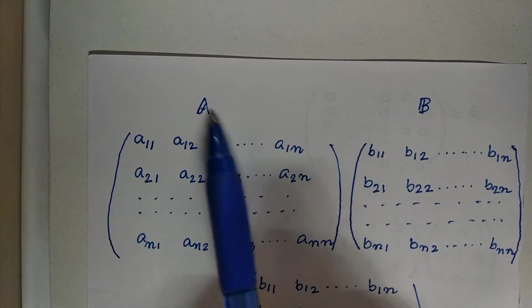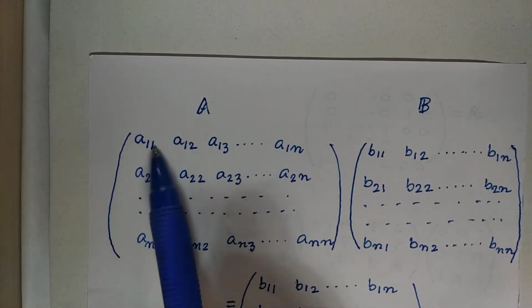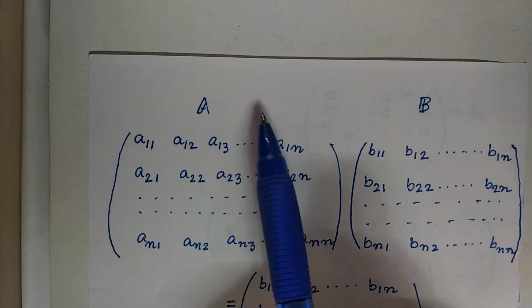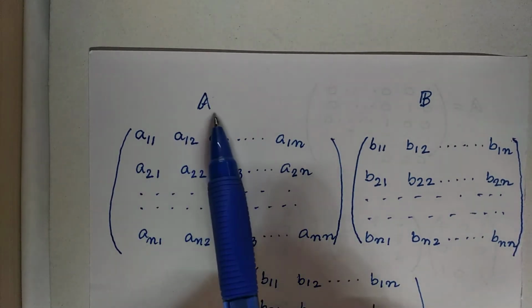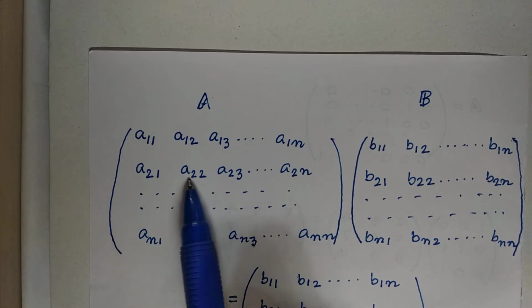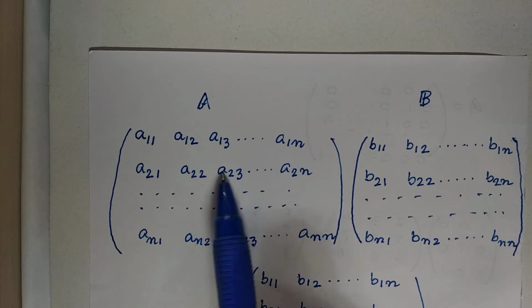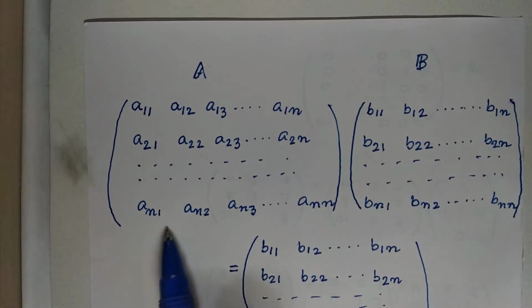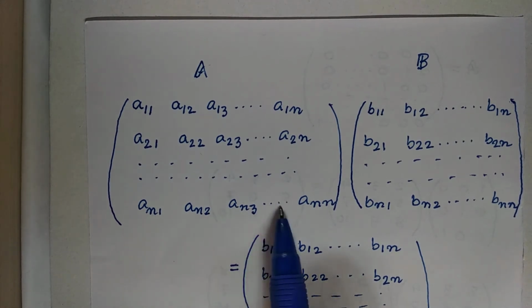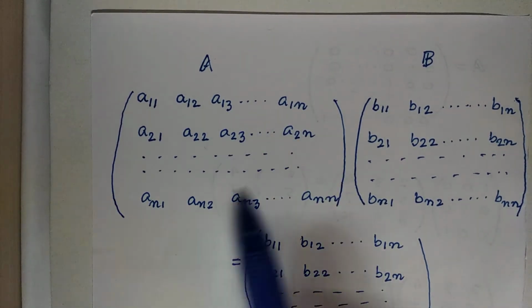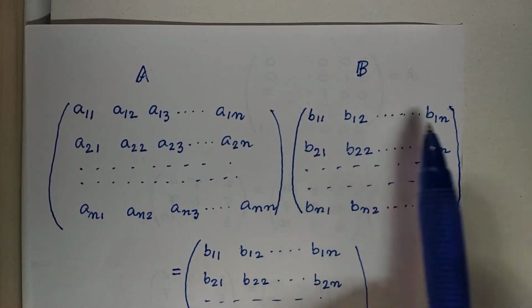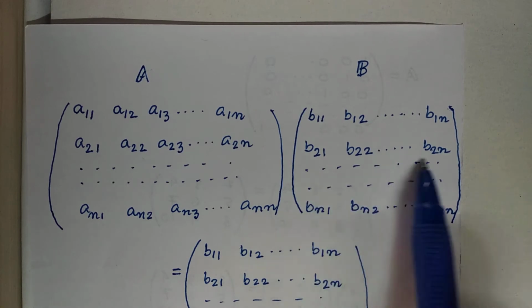This is the first row of A. These are actually symbols. They have their individual numerical values, real or complex. Similarly, the second row of A is A21, A22. A22 means the element at the intersection of the second row and second column. A23 up to A2n, in this way An1, An2 up to Ann. This is matrix A. Similarly, matrix B is B11, B12 up to B1n, and so on.